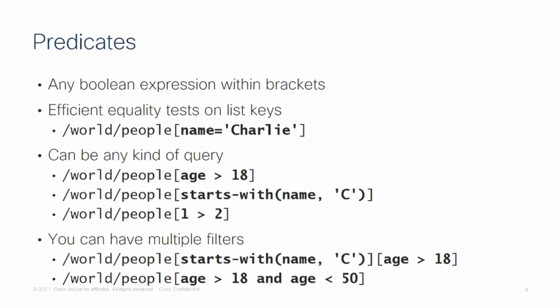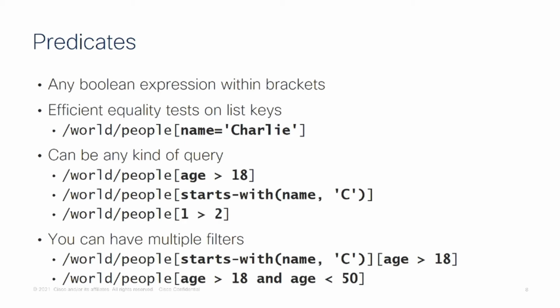So it can be, in these examples, anyone older than 18, anyone with a name that starts with a capital C, or even the more nonsensical predicate, any person where 1 is greater than 2. This is obviously no people because 1 is never greater than 2, but you can do any kind of queries.